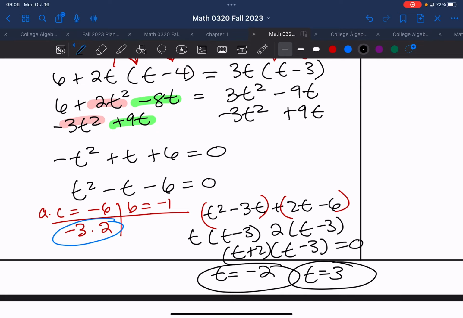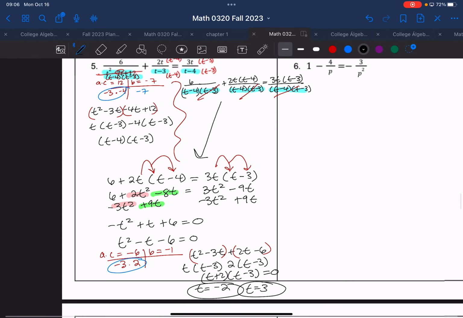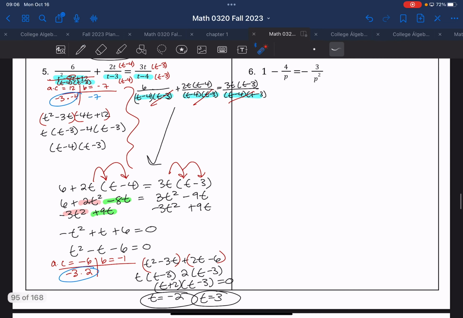No. No, what do I need to check? Plug them into the denominators. The denominators. Okay, so since we know that we had the denominator t minus 4 times t minus 3 on that first one up here, and they're similar to these ones, I'm only going to check these two. So t minus 3 and t minus 4.